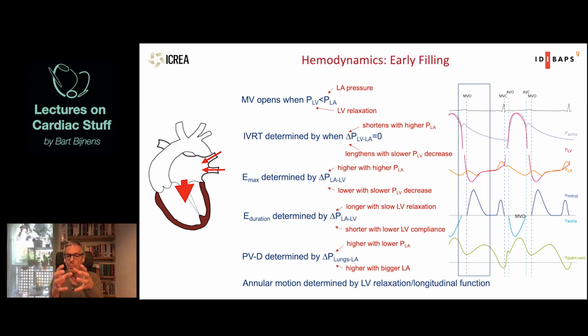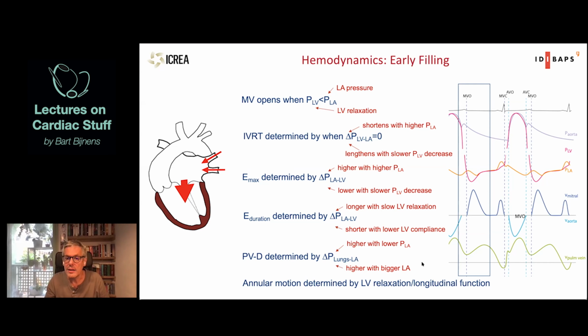But what is mostly more important is that it really is a structural stiffening, where we have scar, fibrosis, deposition disease, intrinsic fiber disarray. All of these will change the elasticity of the ventricle, and not only will we have less energy to store there, but the equalization of the pressure of the atrium and the ventricle will also be faster.